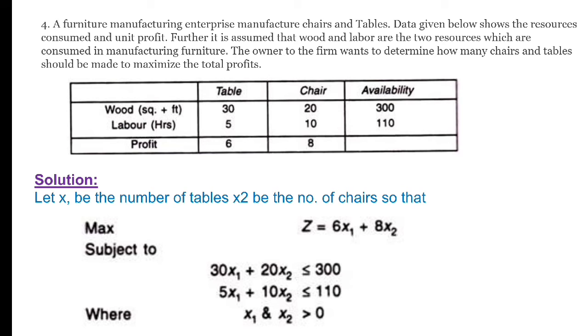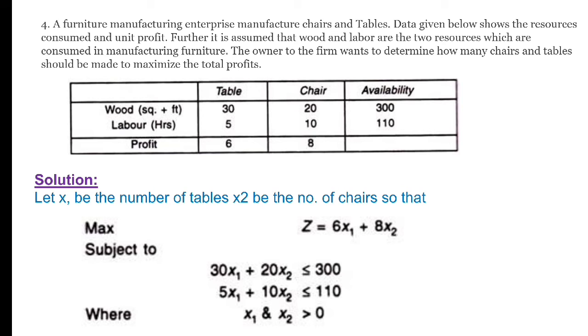Here the Z function is on a profit basis, and we need to consider the profit of the two different things, tables and chairs. So let x1 be the number of tables and x2 be the number of chairs. Z equal to 6x1 plus 8x2, based on the profit of the two different products.